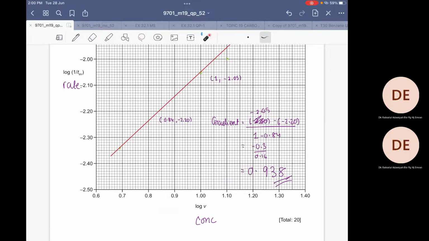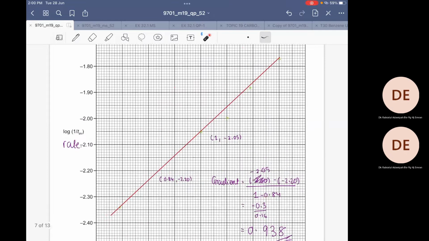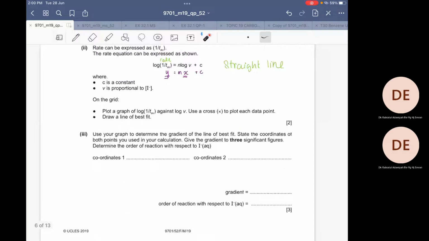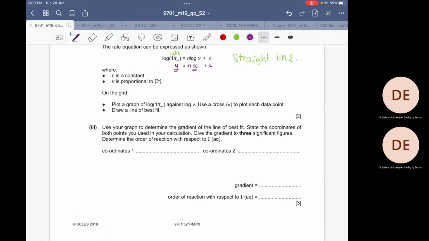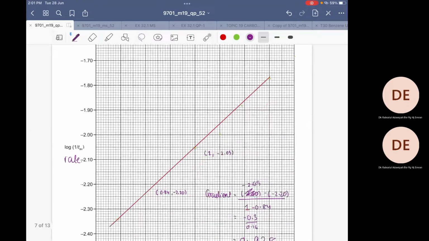Okay? So this looks like a first order with respect to iodide, sorry. First order with respect to iodide. Okay. Done.